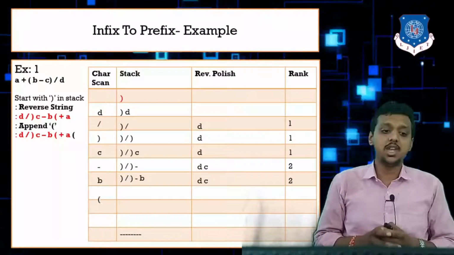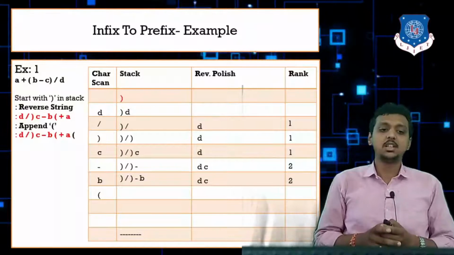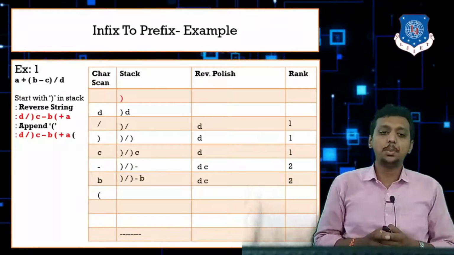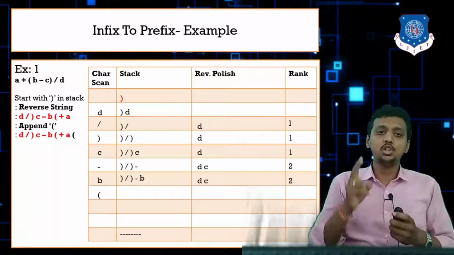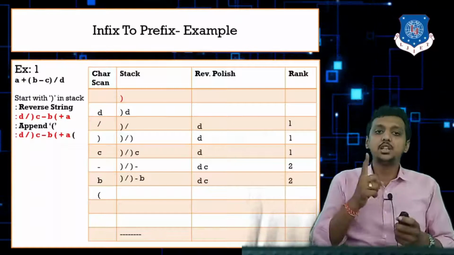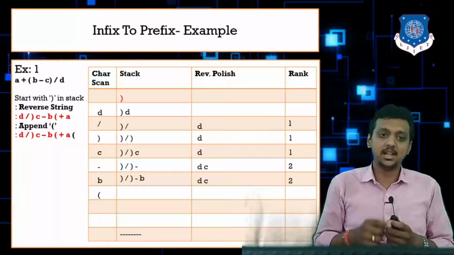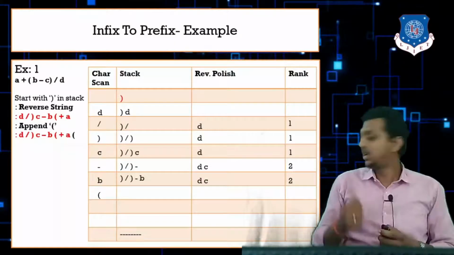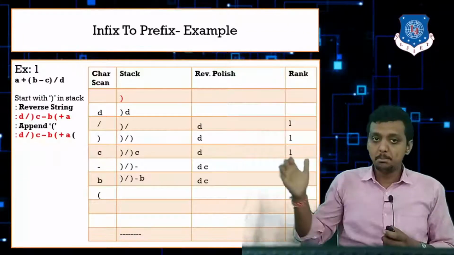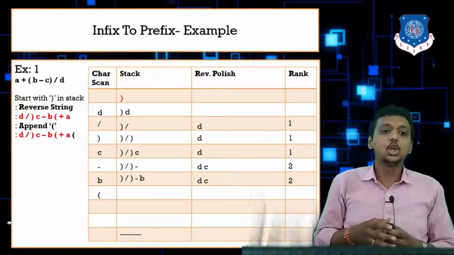Now, next we have the opening bracket. What happens when you get the opening bracket? You need to pop each and every element from the stack until you get the first closing bracket. Here we can see B, minus and then the closing bracket.